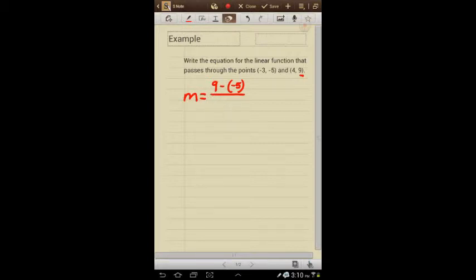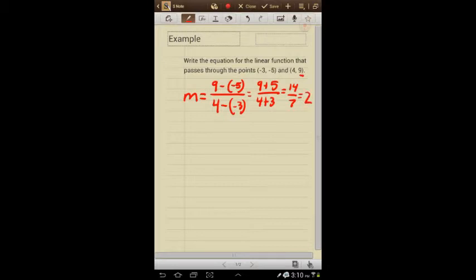And then on the bottom we have the second x minus the first x. So 9 minus -5 is 9 plus 5. 4 minus -3 is 4 plus 3. 14/7, which reduces to 2.